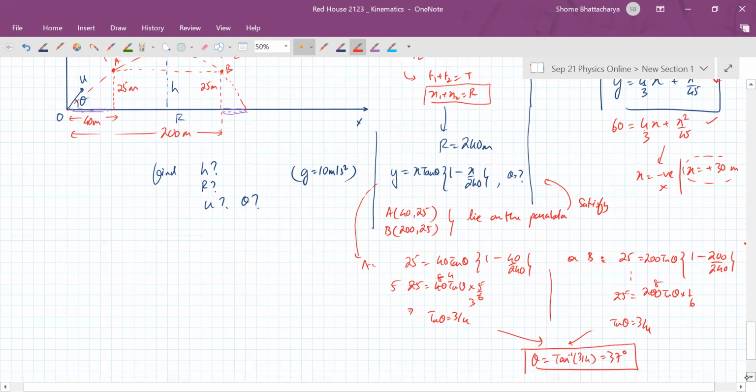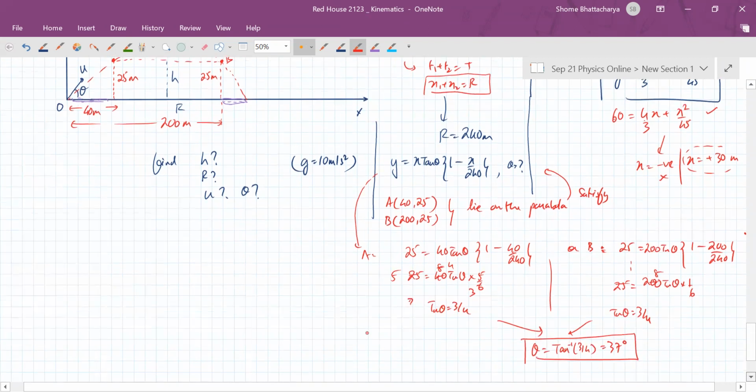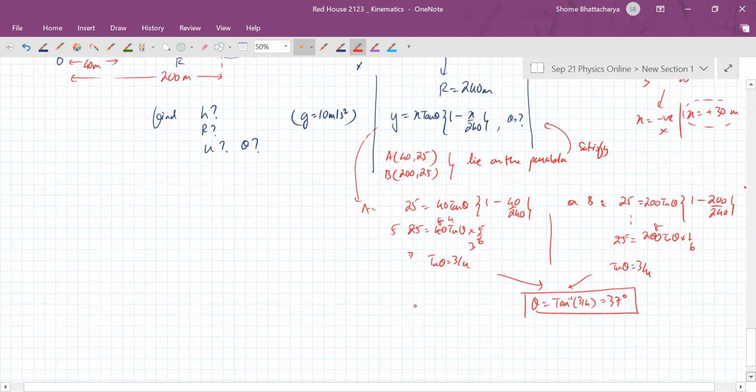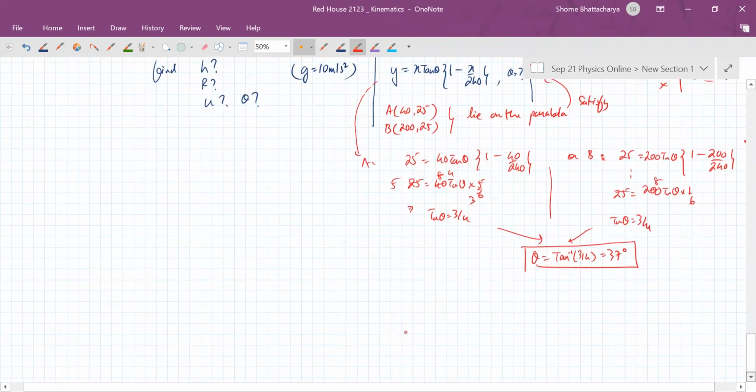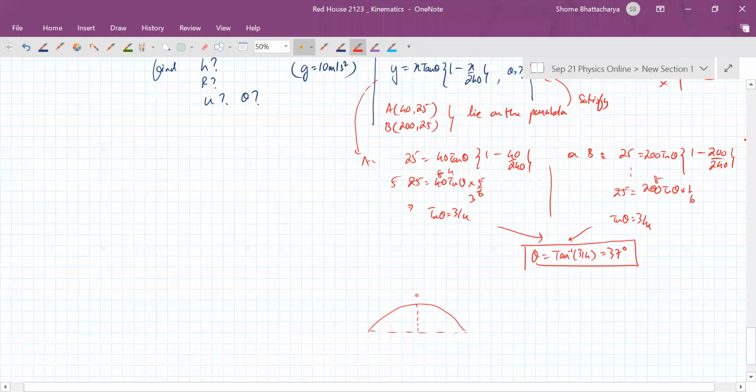So you got this. Now directly in the equation of trajectory, you can use this fact that the coordinate of the vertex point, this point has a coordinate x equal to r by 2 and y equal to h. So just make use of that to find the maximum height.